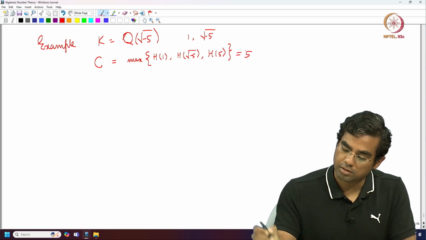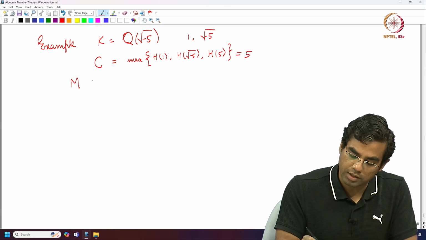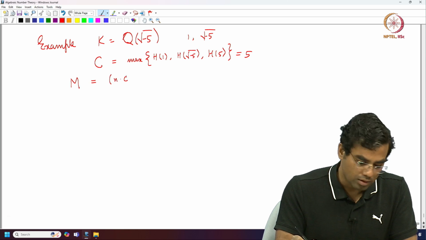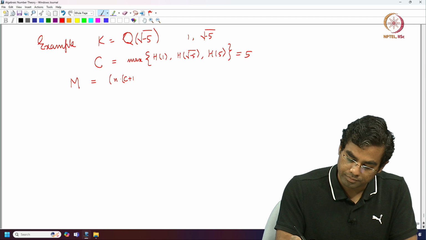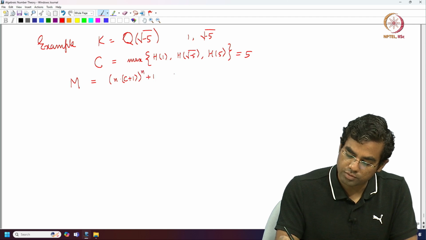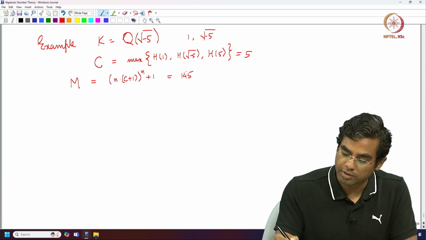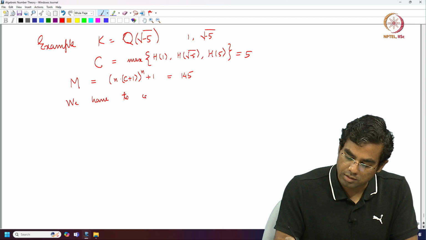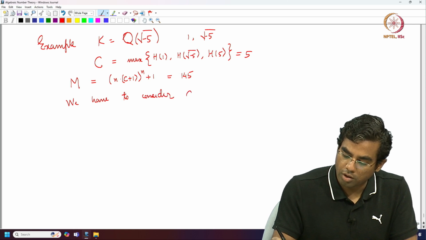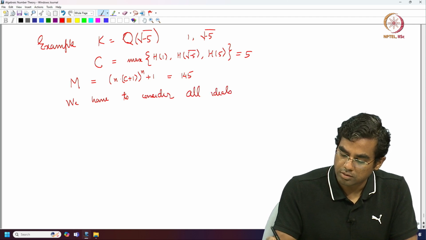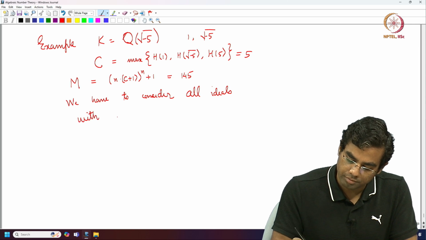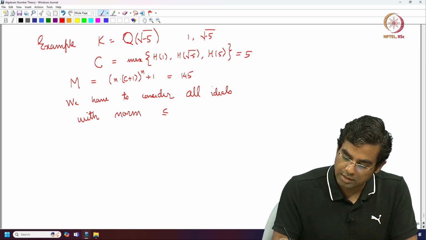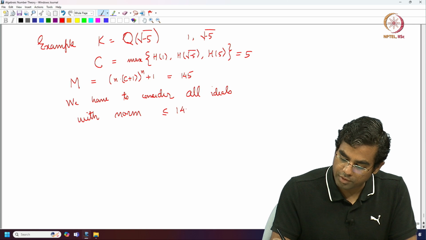which is clearly equal to 5, and then the other quantity that appears, which is in terms of c, is (n times (c plus 1)) to the n plus 1, which in this case turns out to be 145, and we have to consider all ideals with norm less than or equal to 145 factorial.